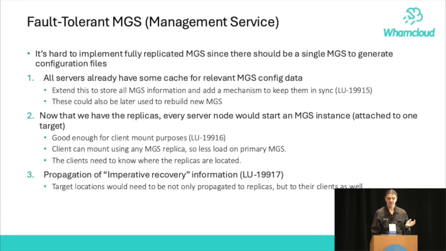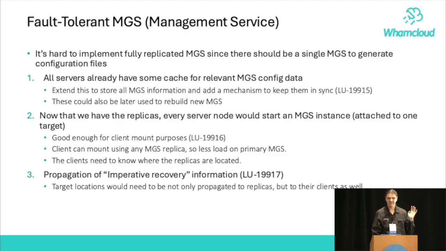So the fault-tolerant MGS. This slide is somewhat different from what you've seen in two other versions of the presentations because this is still all in flux, at least to a degree. We think we have found an easier way. Today all the targets already have a copy of config information about themselves anyway.